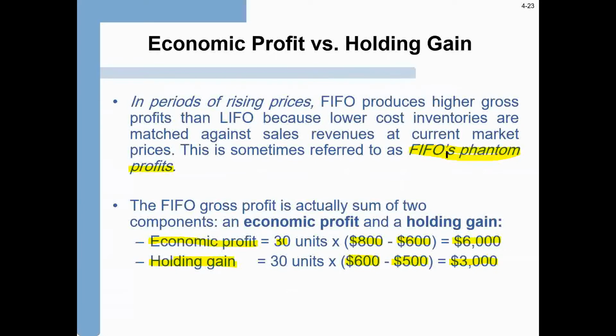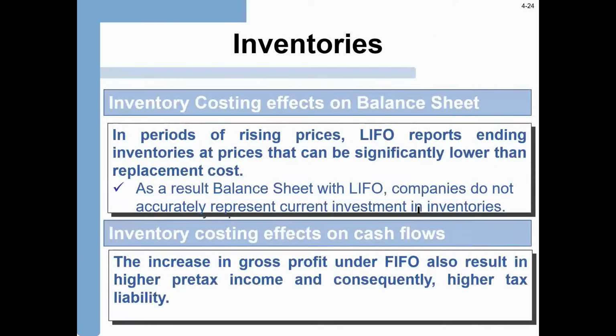After these differences, this is the same slide which helps us to identify the inventory costing effect on the balance sheet and on the cash flows. So the same thing which I highlighted over there is written over here.